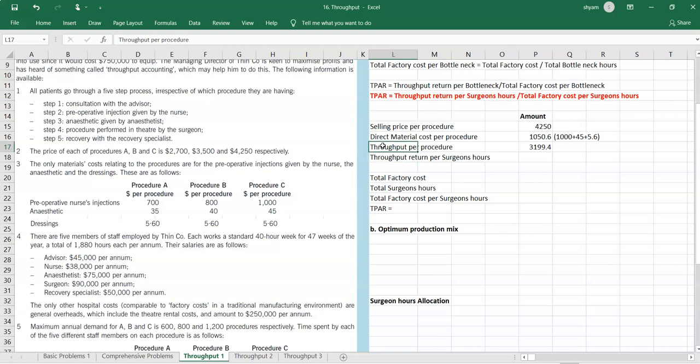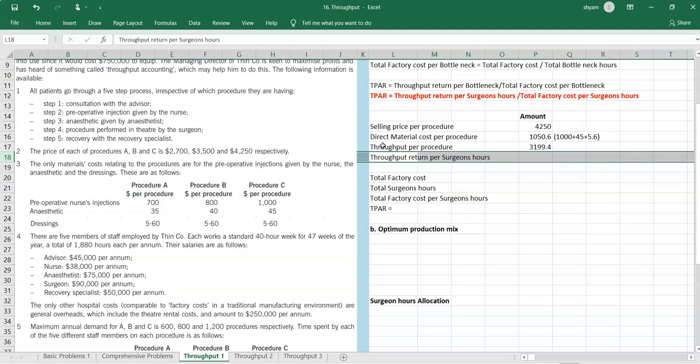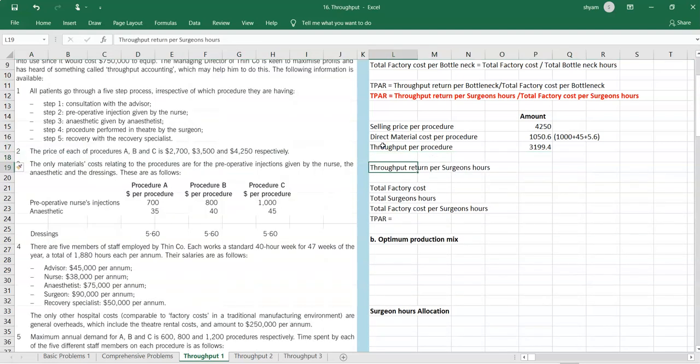Here it is throughput per procedure, but we have to get throughput return per surgeon hour. So to get that, we should know the surgeon hours per procedure. That is what we require, so that we can put the hours here, and when we divide it, we'll get the throughput return per surgeon hour.